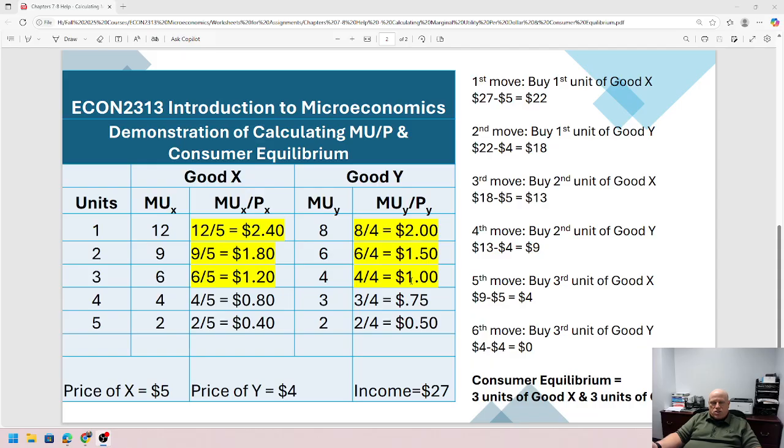Now we have exhausted our budget, and it's easy to see that our consumer equilibrium point is to purchase 3 units of good X and 3 units of good Y.